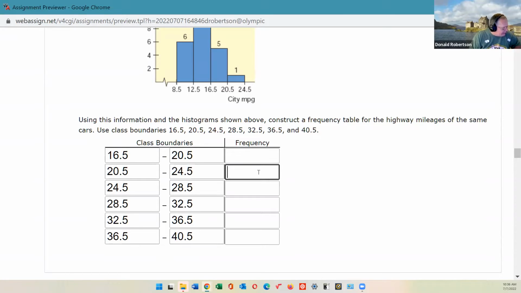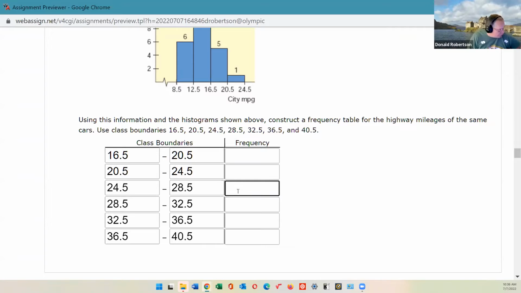Now, let's suppose someone's car was exactly 24.5 miles per gallon. I either include it in this group or that group, but I'm not allowed to double dip. I can't count it in both groups.